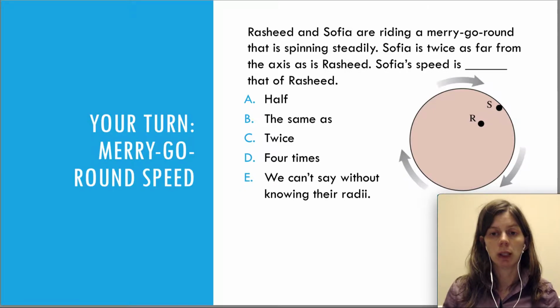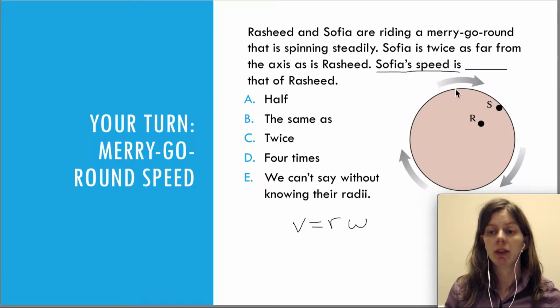So let's look at a question. It's very similar to one that we saw in the previous video. Rashid and Sophia are riding on the merry-go-round, but this time it's asking how Sophia's speed compares to that of Rashid, and Sophia is twice as far. When it just says speed, it's talking about the linear speed or the translational speed, which is r omega.